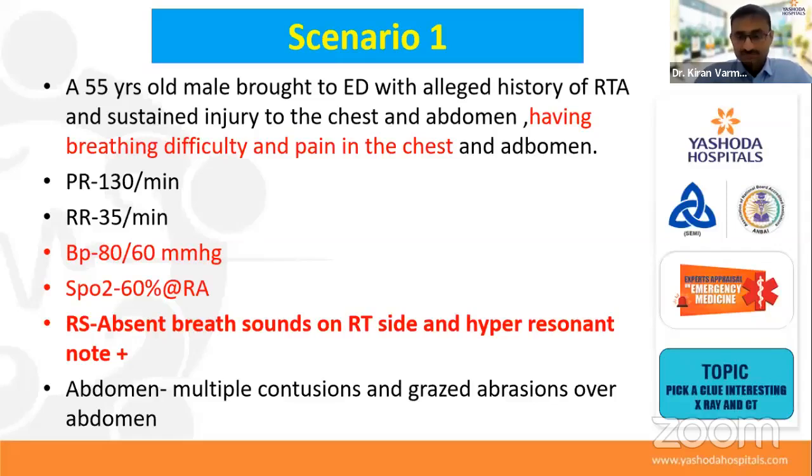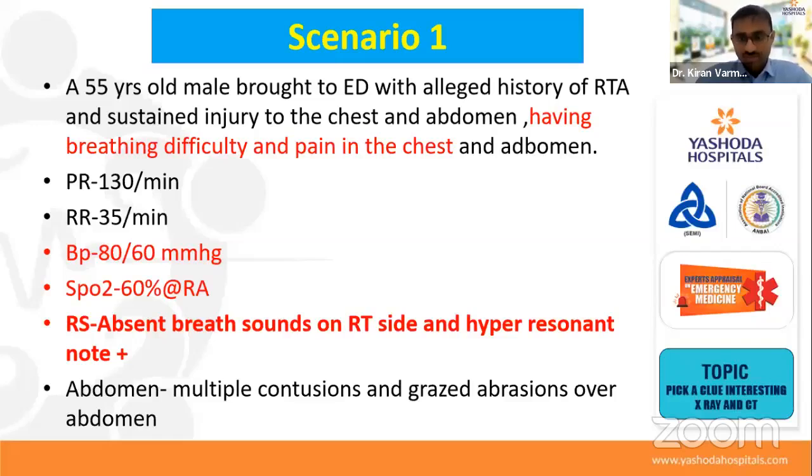So what are the clues we get to have a diagnosis in our mind? RTA, then breathing difficulty, pain in the chest, BP was low, saturation is also low. Then on respiratory system examination, absent breath sounds on the right side and hyperresonant note.